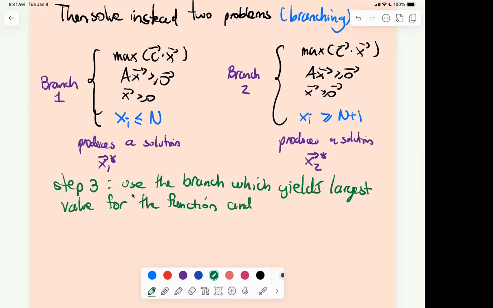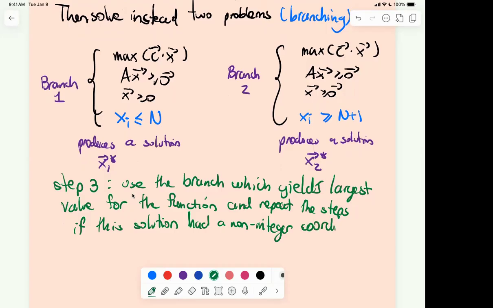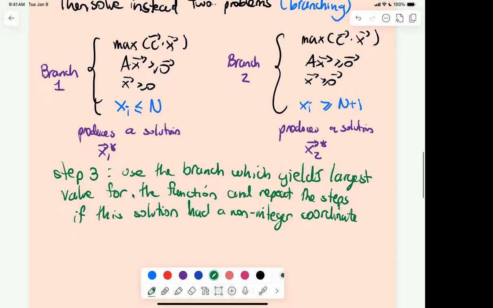And you repeat the steps if the solution had a non-integer coordinate. Okay. That making sense?